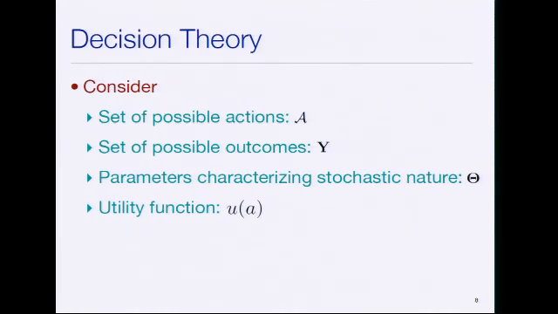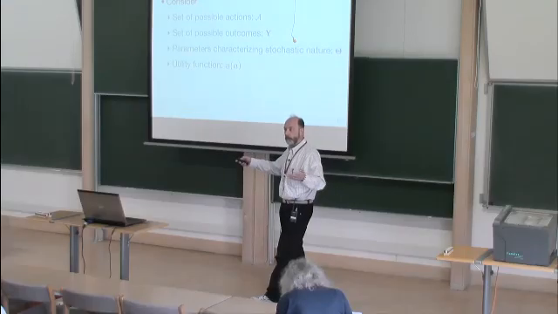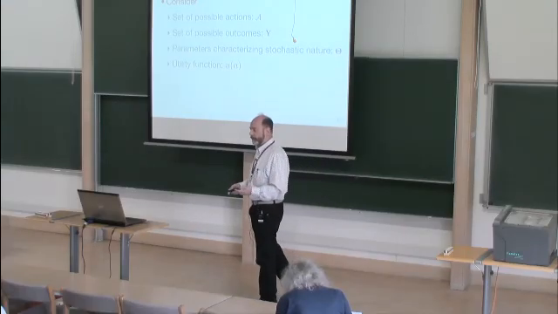And then we'll have the parameters that characterize our underlying response. And these will be stochastic in nature. And then we will put on top of that a utility function that will relate the outcomes and the actions to ultimately the utility. And we'll want to pick that design that's going to maximize the utility.